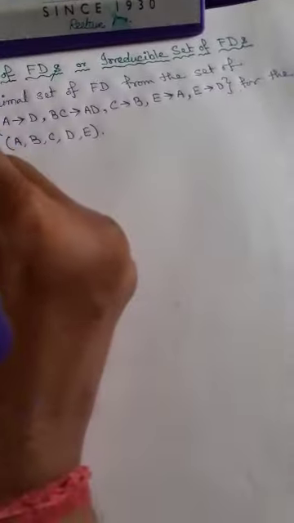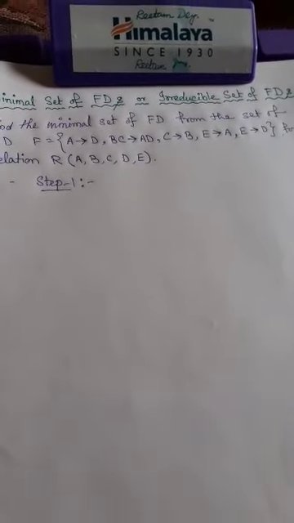To find the minimal set of functional dependencies, at first, in step 1, we decompose all the functional dependencies in such a way that the right hand side will be a single attribute.